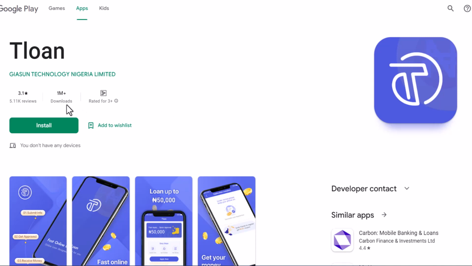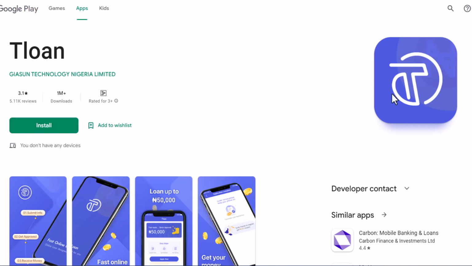T Loan has generated over 1 million downloads so far, and the overall rating is 3.1, with a total of 5,100 reviews on this particular loan app. If you look at how many people are downloading this app compared to the total reviews and the rating, you might see that it is on a very low side.